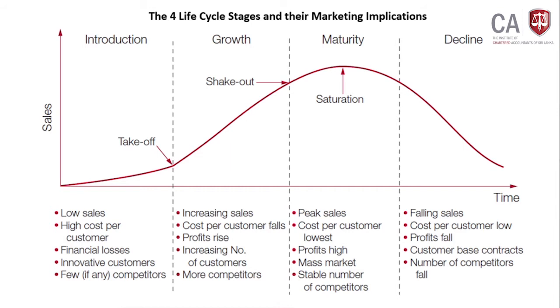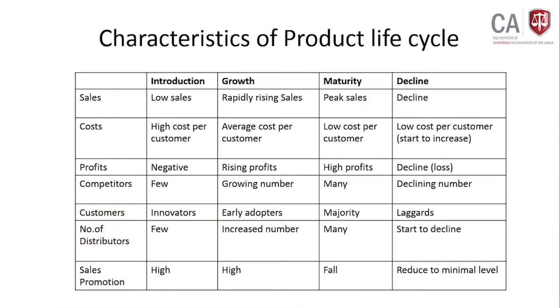The first stage we call introduction, then the second one is growth, third one maturity and the last one is decline. Here the examiner focused on the introduction stage of the product life cycle.